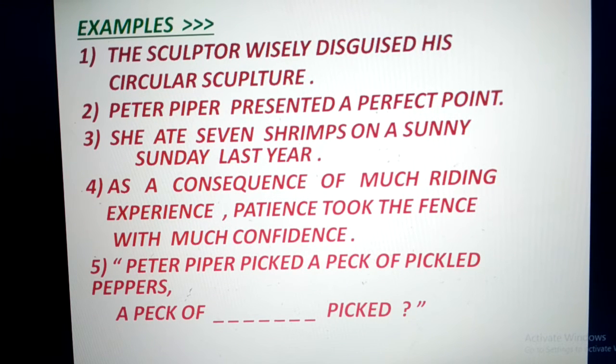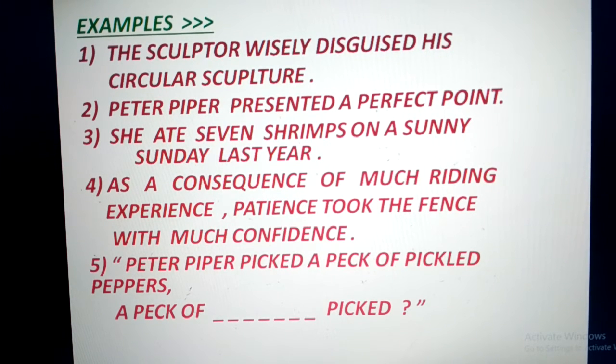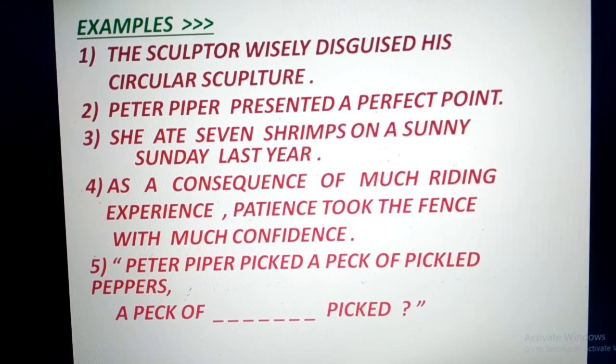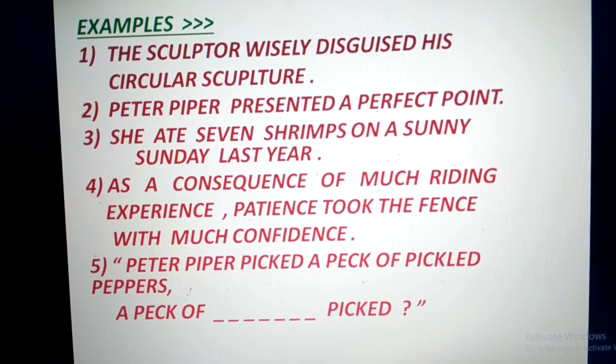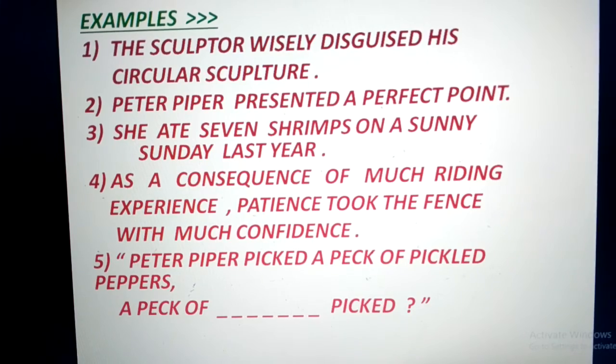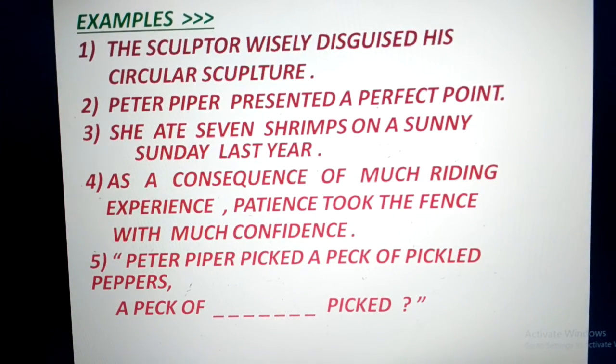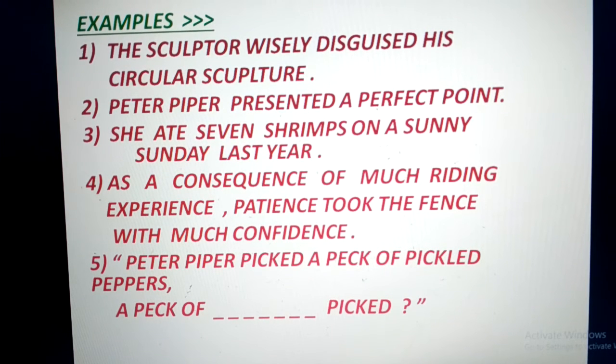And here comes a very interesting tongue twister again for you, a perfect example of consonance. Peter Piper picked a peck of pickled peppers. A peck of pickled peppers Peter Piper picked. If Peter Piper picked a peck of pickled peppers, where is the peck of pickled peppers Peter Piper picked? Isn't it interesting?